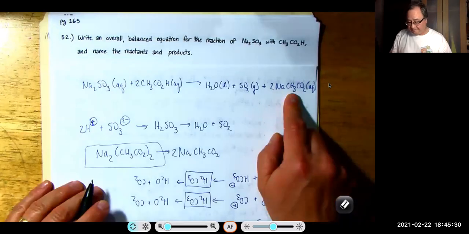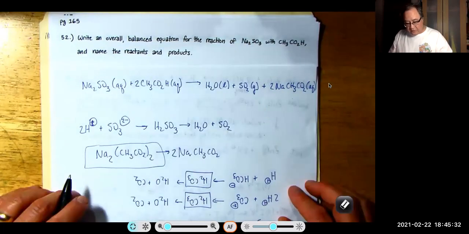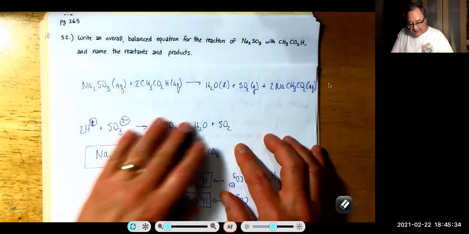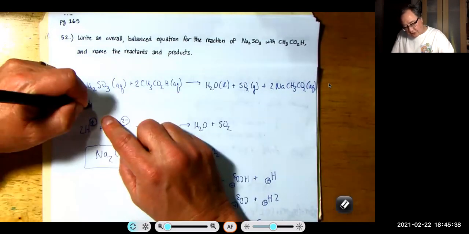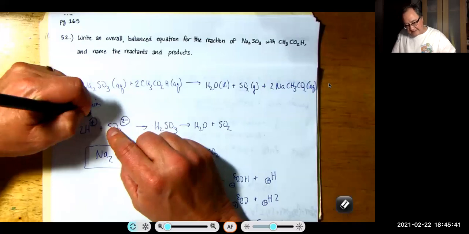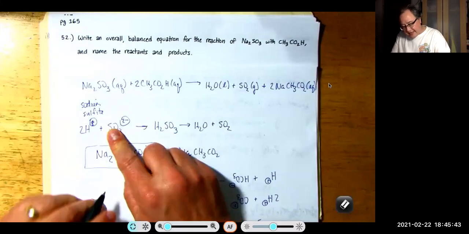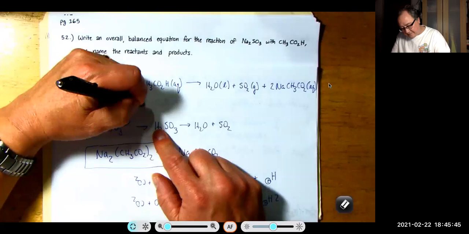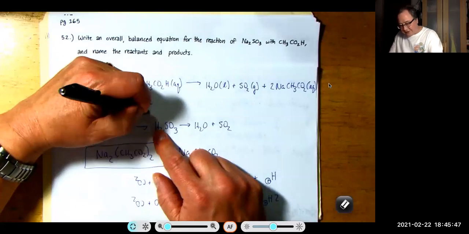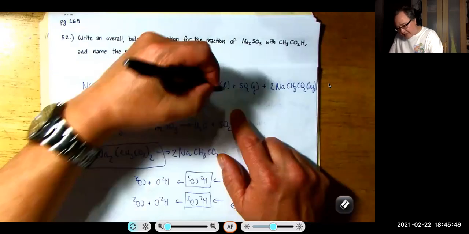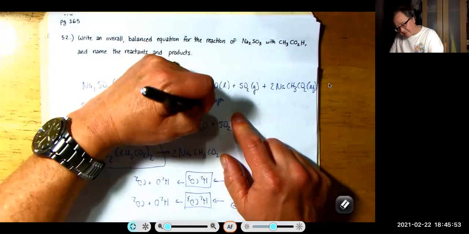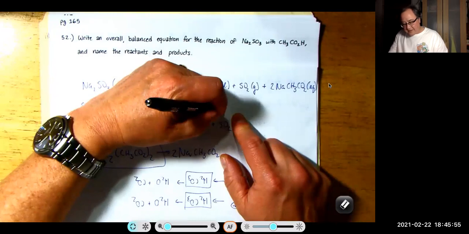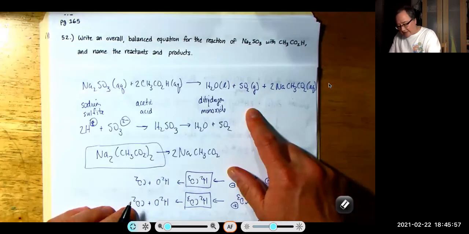It's your choice. And so if we name everything, this is sodium sulfite. This is acetic acid. This is dihydrogen monoxide. This is sulfur dioxide.